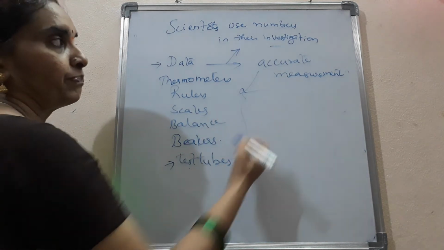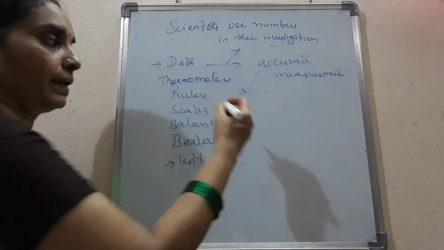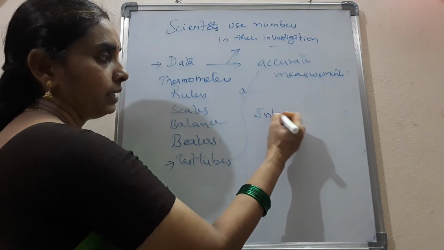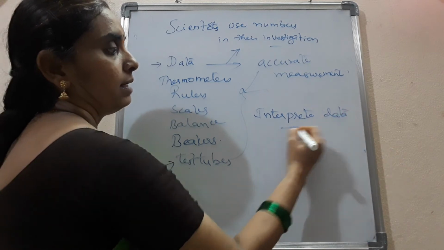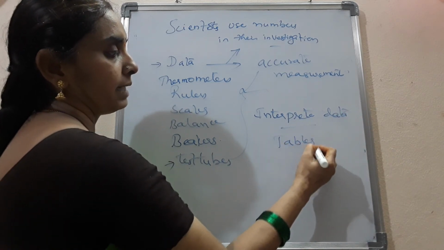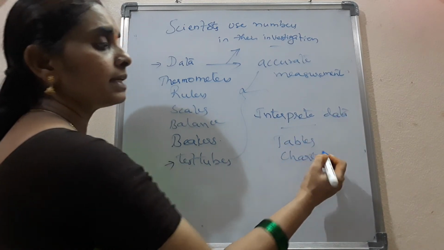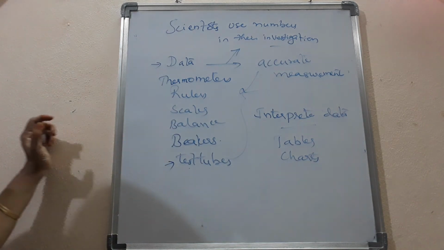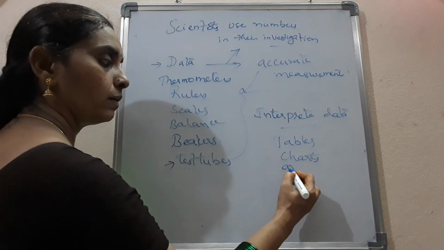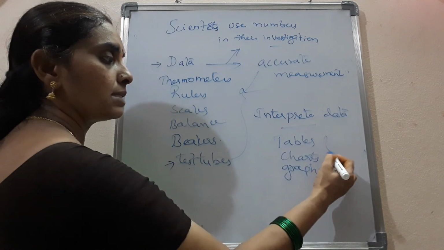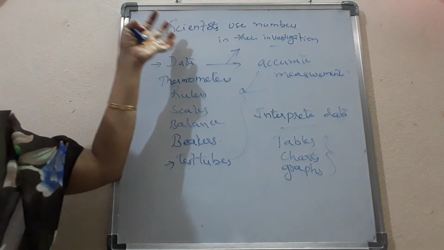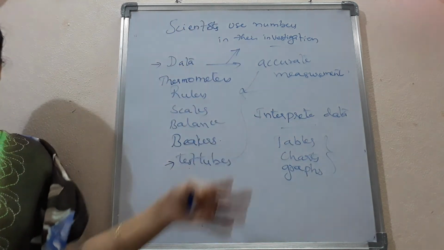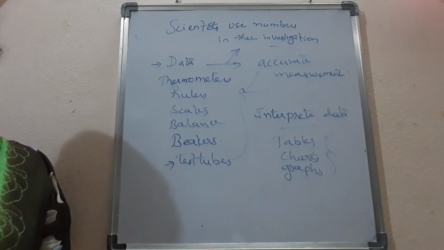So for this, they interpret the data by using tables, charts, and pie graphs also. Okay, pie charts, etc. These are used to interpret the data, and in fact they use numbers in their investigation and interpret their data.